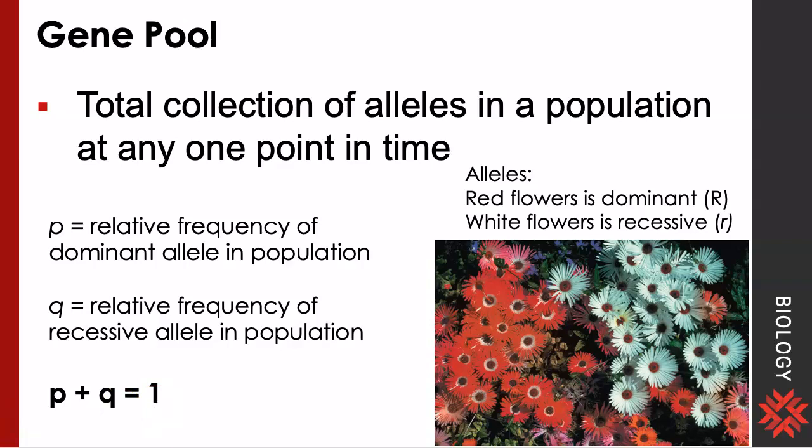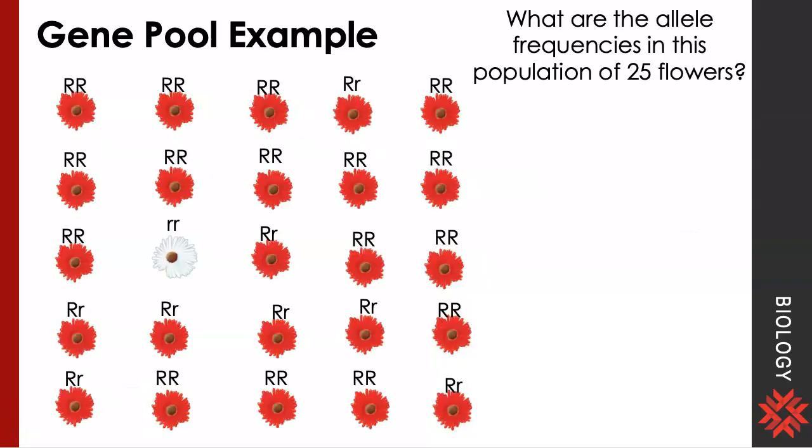So let's take a look at how we would solve for P and Q. When you're looking for the frequency of alleles, you're searching for what's referred to as the allele frequencies. So P and Q are your allele frequencies. In this example here, I've given you 25 flowers. You can see here they have the different genotypes. Big R is homozygous dominant.